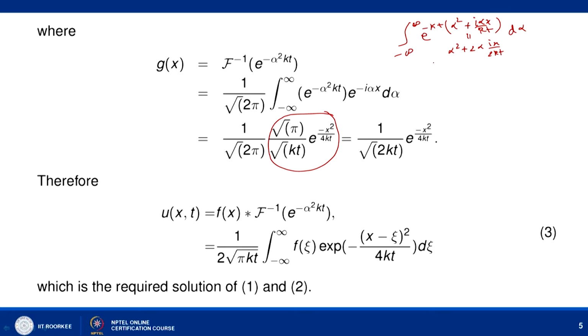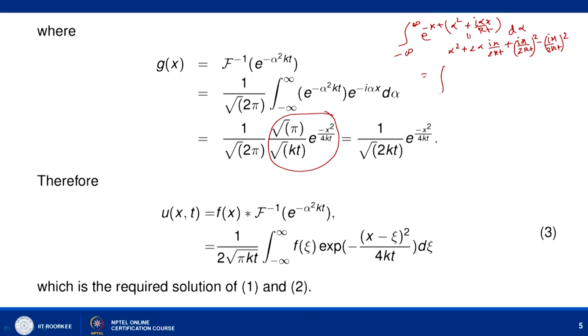So, if I want to make a perfect square, I need to add something and subtract something. So, I am adding (i x upon 2 k t) whole square, and similarly I am subtracting (i x upon 2 k t) whole square, right. So, I can write this as α² plus 2 α i x upon 2 k t plus (i x upon 2 k t)² minus (i x upon 2 k t)² dα.